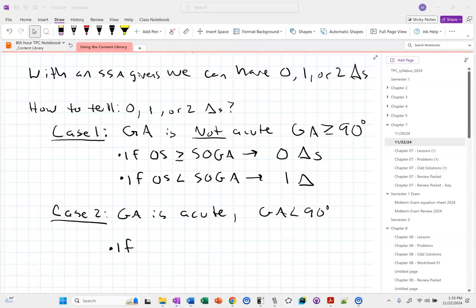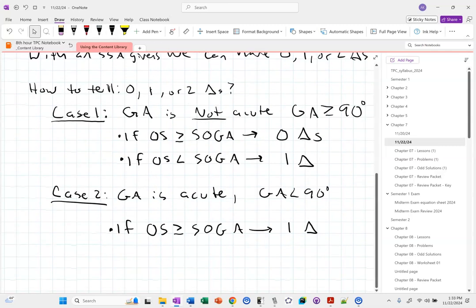So if the SOGA is the bigger of the two, there's one triangle.